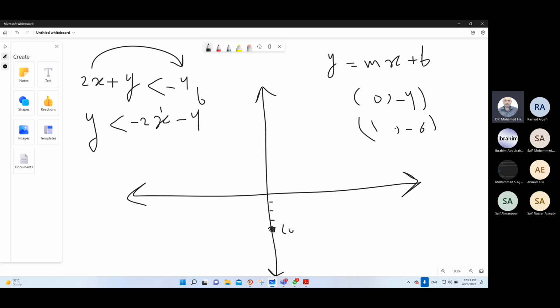This is 0, minus 4. Then 1, minus 6 will be here. And we don't have equal in the sign, so draw the line dashed.